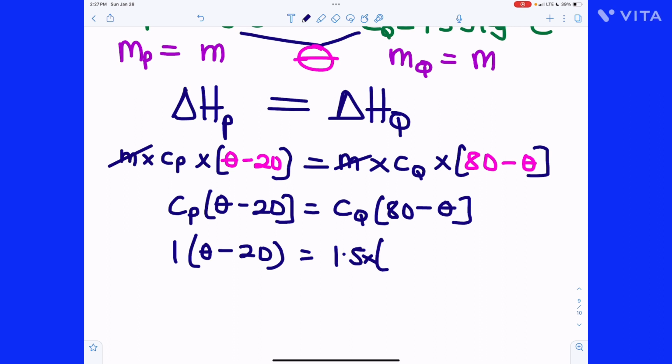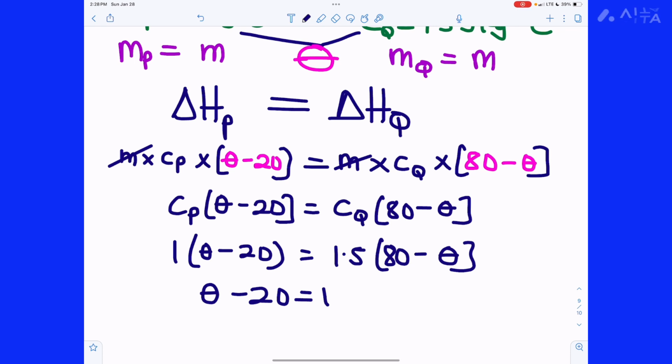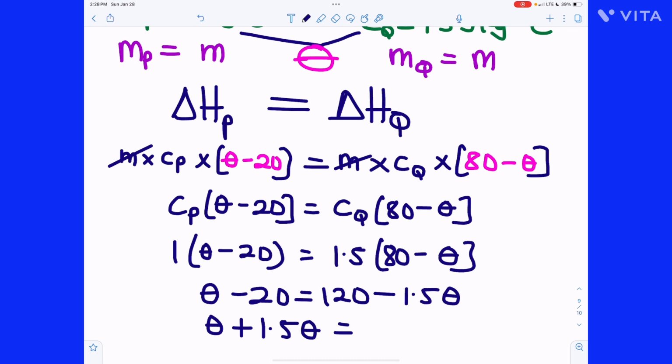Not compulsory you write this multiplication sign. 80 minus theta. So let's do that together. Theta minus 20 is 1.5 times 80. That's 120 minus 1.5 theta.